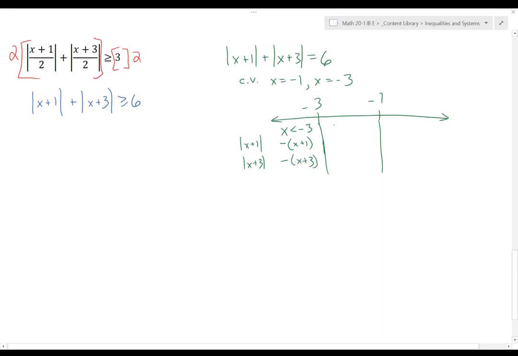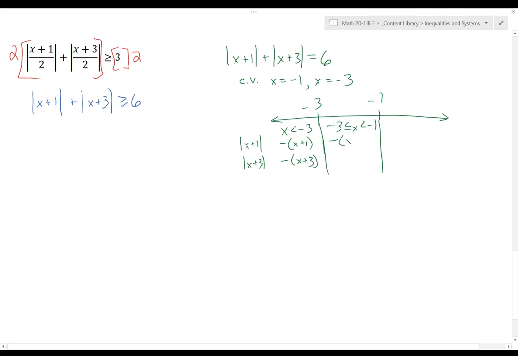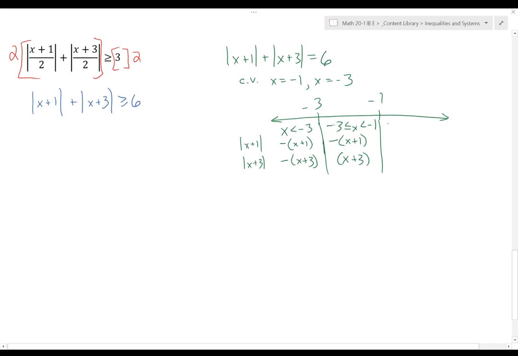For values between -3 and -1, in this interval, x plus 1 is still a negative number, so the opposite of x plus 1. But x plus 3 is now a positive number, so absolute value is just x plus 3. And in the final interval where x is greater than or equal to -1, they're both already positive. So just x plus 1 and x plus 3. So here's my 3 equations, 1, 2, 3.